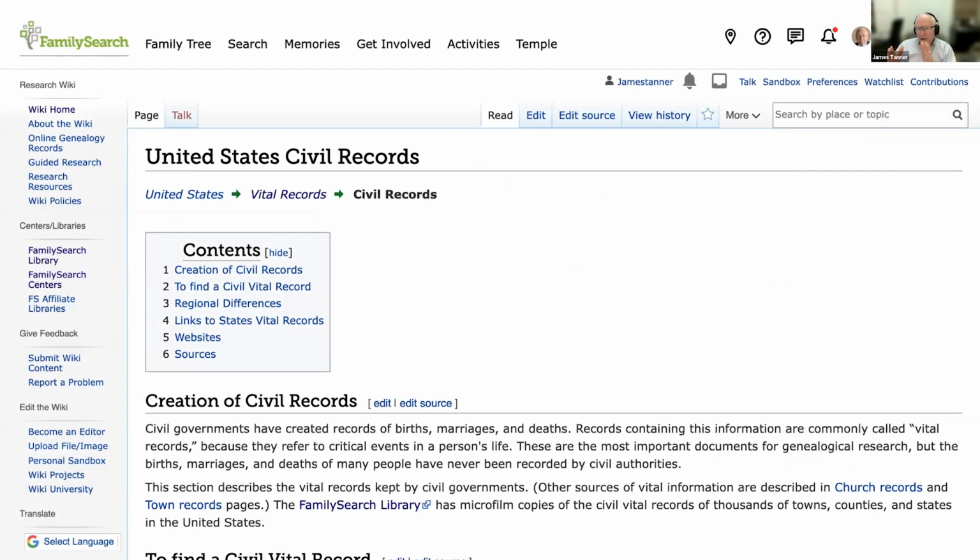So let's go back to the Research Wiki and talk about the civil records. When we talk about civil records, the term we use constantly is civil registration records. Those are the ones I mentioned a while ago that were instigated initially by Napoleon on a national basis.